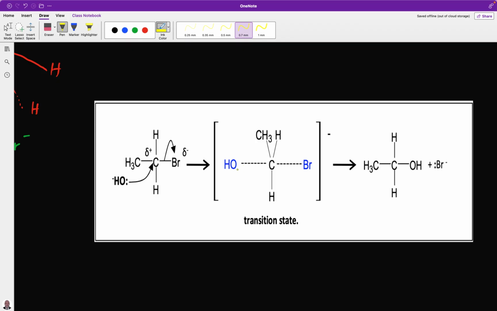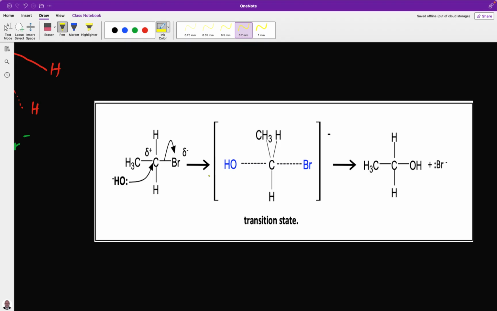The nucleophile is at the point of firmly attaching itself to carbon, and the bromine is at the point of finally detaching itself from the carbon. And when it happens, there's a rearrangement of bonds, and this will be the final product. Ethanol will be our product. Then the bromide ion with a lone pair of electrons is left there.